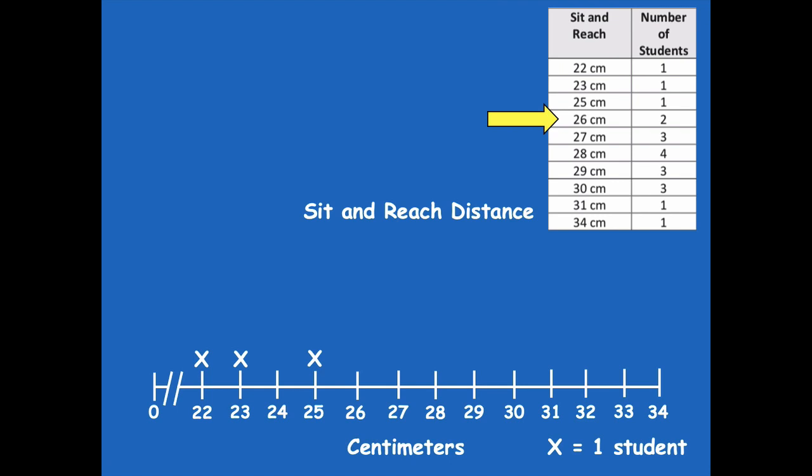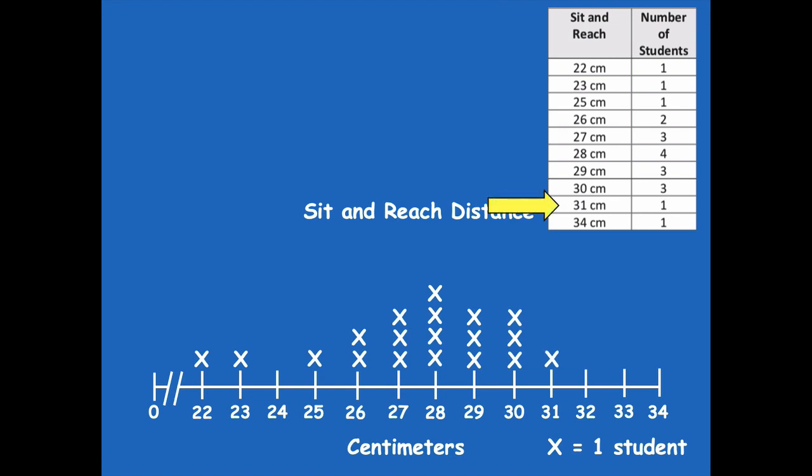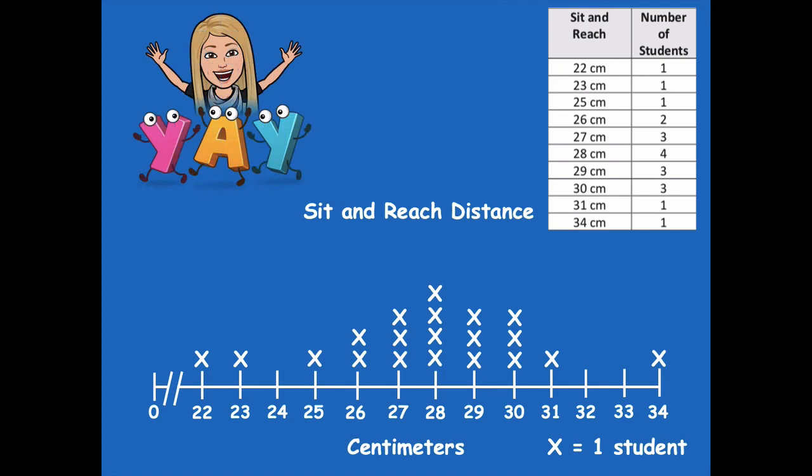Nobody had 24, so that's why I skipped it. 26 centimeters had 2 students. 27 had 3 students. 28 had 4 students. 29 had 3 students. 30 had 3 students. 31 had 1 student. And 34 also had 1 student. No students were measured with a distance of 32 and 33. So yay, good job drawing your data for that line plot.